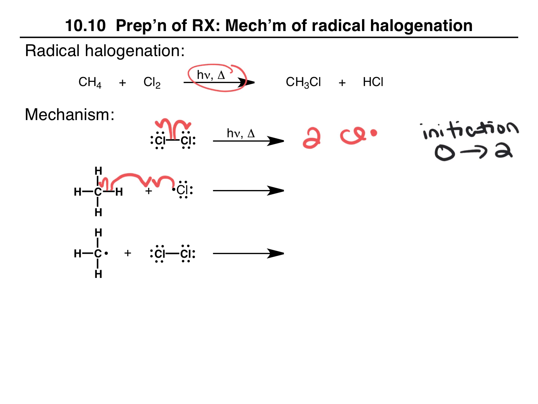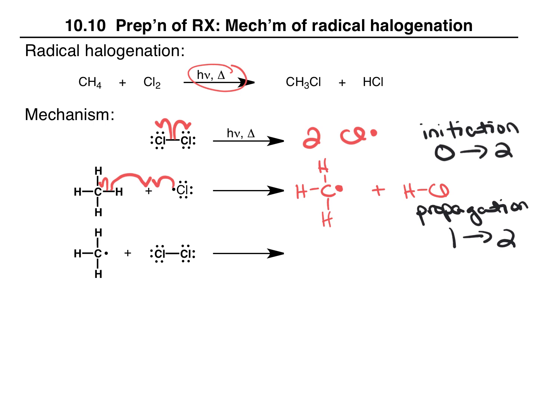So now we have our CH3, and this carbon is now a radical, and we have made HCl. This step is a propagation step, because we start out with one radical and we end up with one radical.